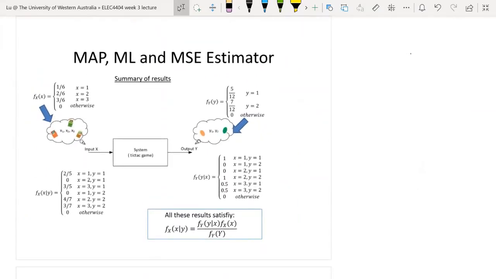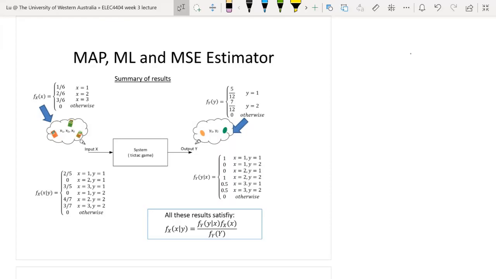In the middle of this slide, you can see I'm assuming this tic-tac game is a system. And the input X is just the packs of the tic-tac. And output Y is the bins we picked. Okay, this is the whole system. Of course, both X and Y are random variables in our system.